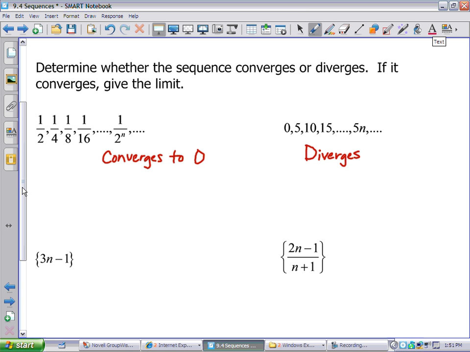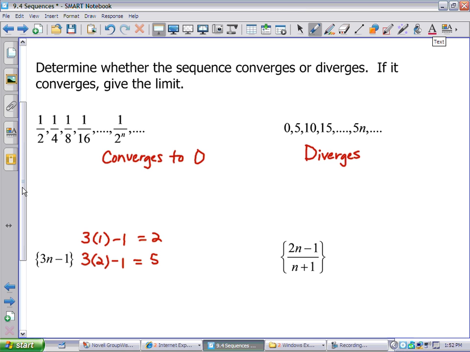All right, the next one down here is 3n minus 1. Let's just plug in a few numbers so you have something to look at. 3 times 1 minus 1, 3 minus 1 gives you 2. 3 times 2 minus 1 is 6 minus 1, which is 5.